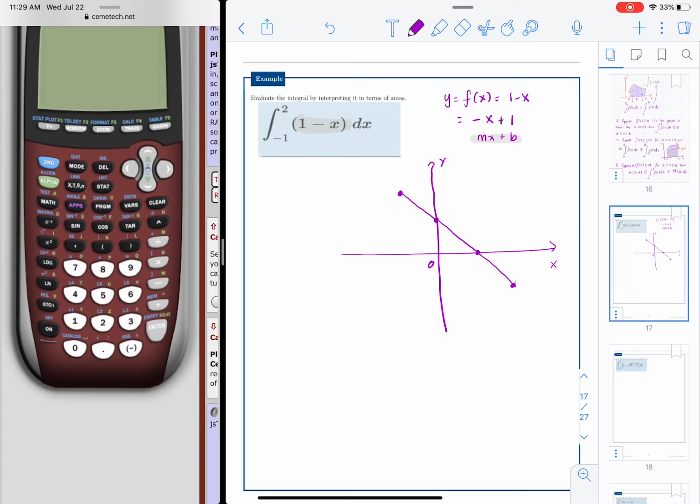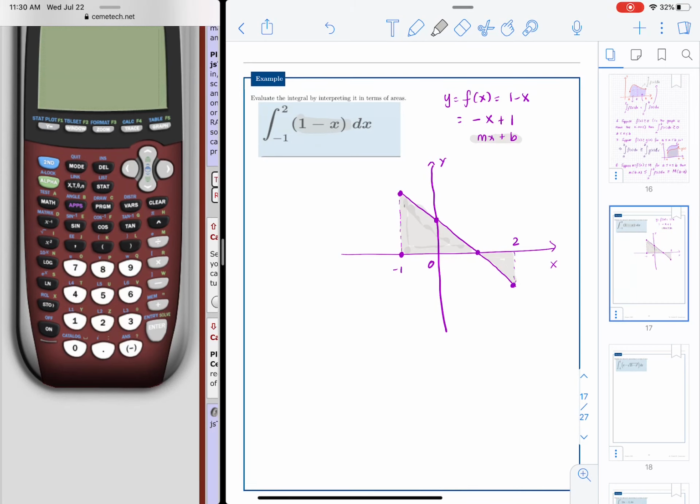And now they want us to find the integral by interpreting it in terms of the area. So the integral is simply that area minus that area.